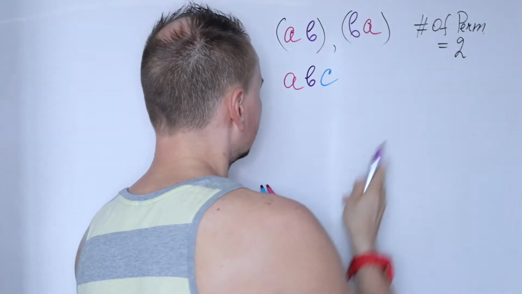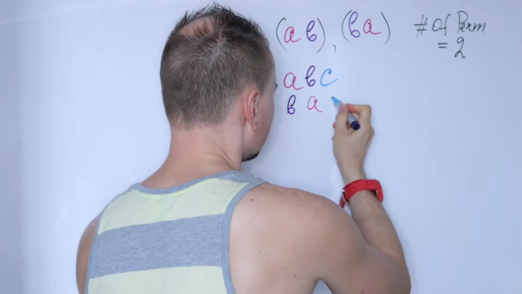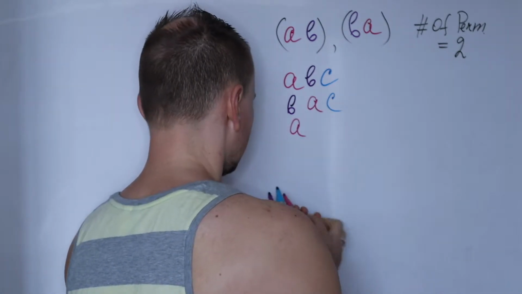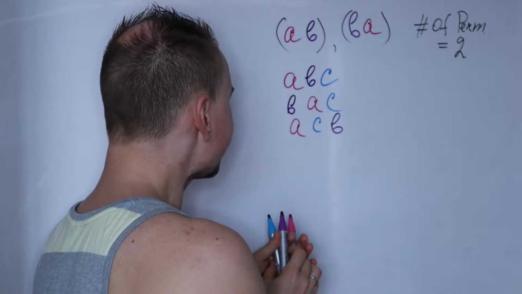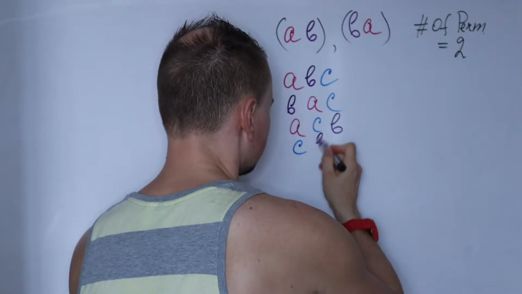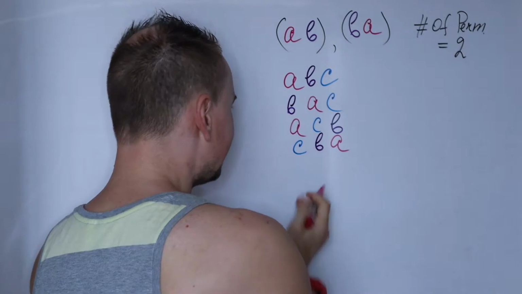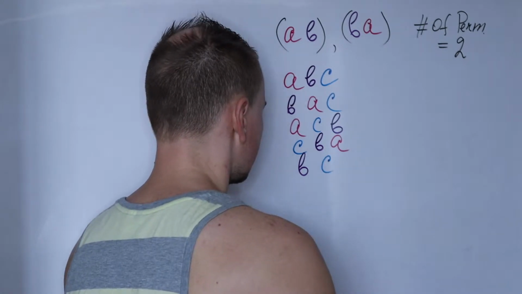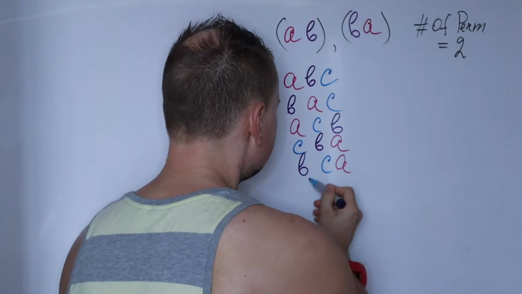So you would get something like B, A, C. Now, we could also swap B and C. Also, we can swap A and C. We could swap C and B. BCA. Finally, we could have CAB.